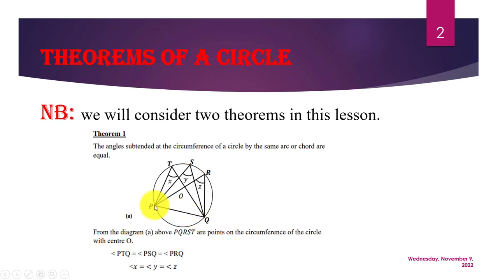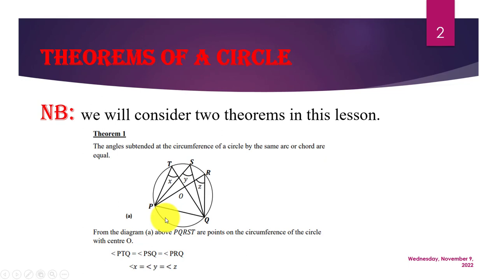Now this chord subtends an angle at point R on the circumference, that is angle Z. At the same time, it subtends another angle at point S, which is angle Y, and another angle at point T, which is angle X.